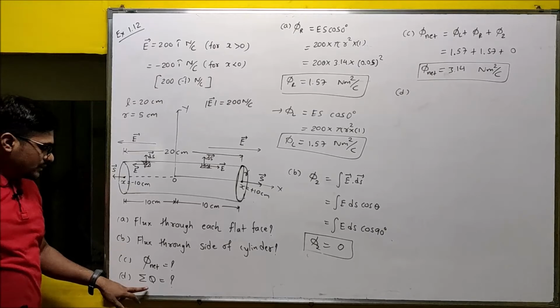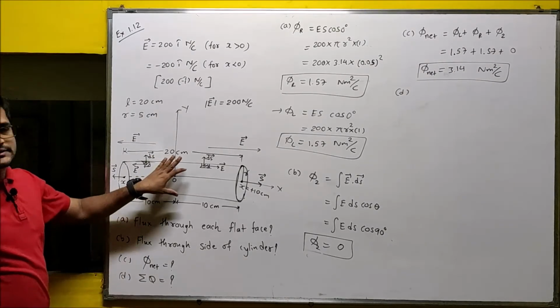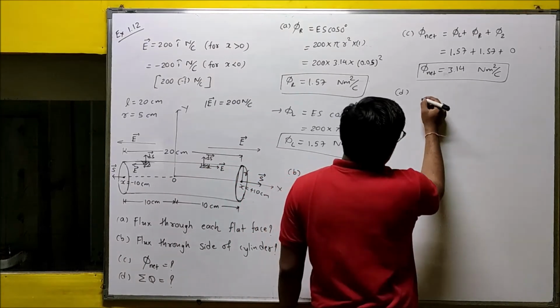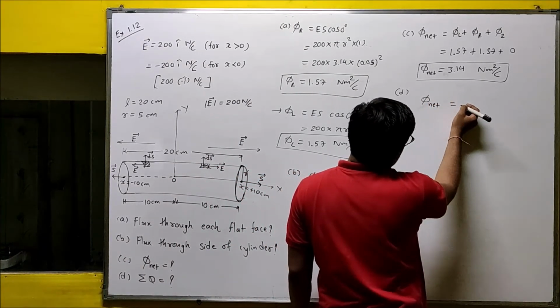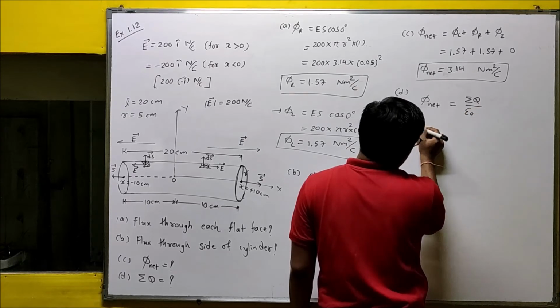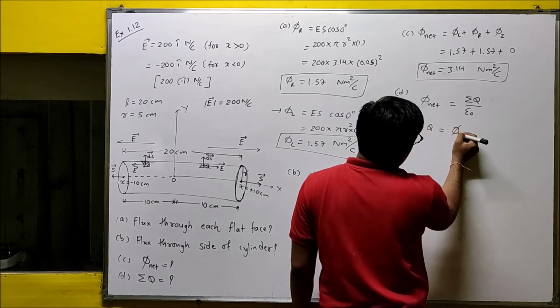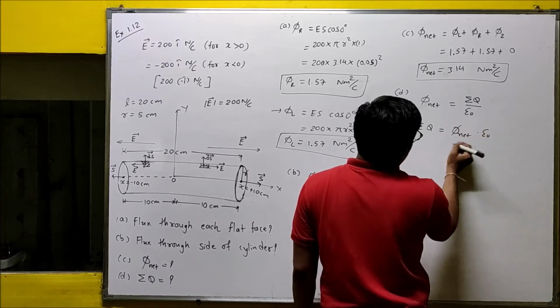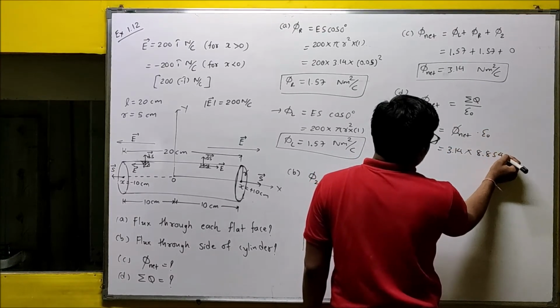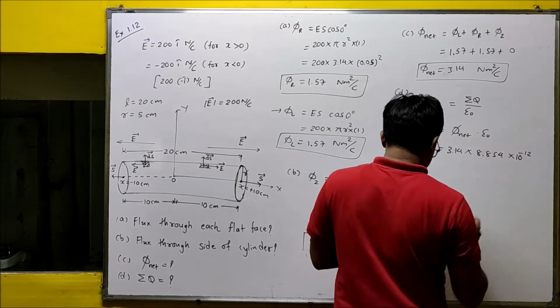Now find the charge inside this cylinder. The cylinder is a closed surface, so use Gauss law. According to Gauss law, the net flux associated with any closed surface is equal to the charge enclosed divided by epsilon naught. So the total charge inside the cylinder is equal to net flux into epsilon naught. The net flux is 3.14 and epsilon naught is 8.854 into 10 power minus 12.